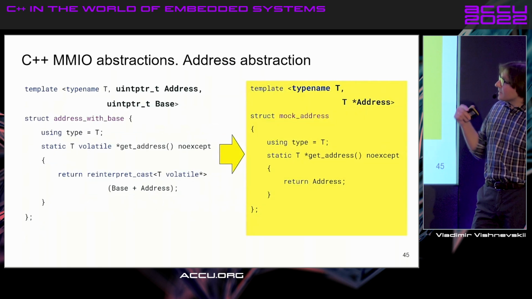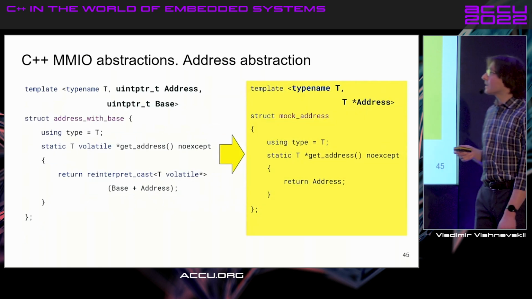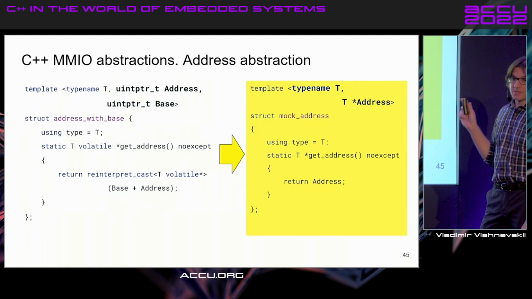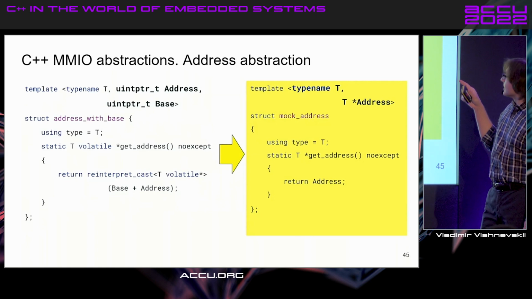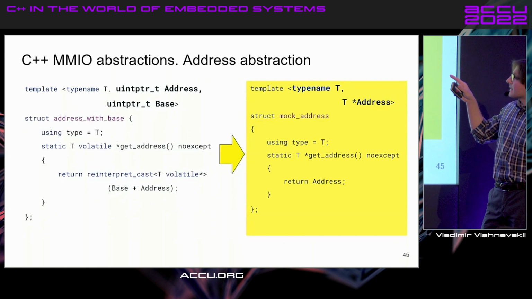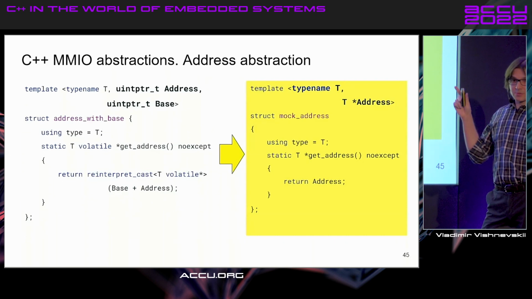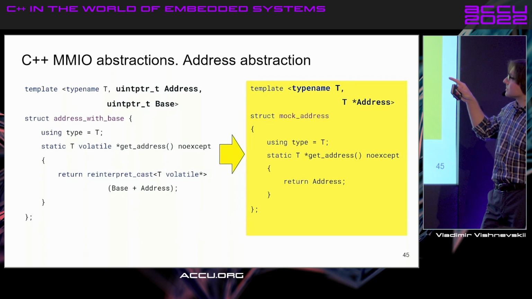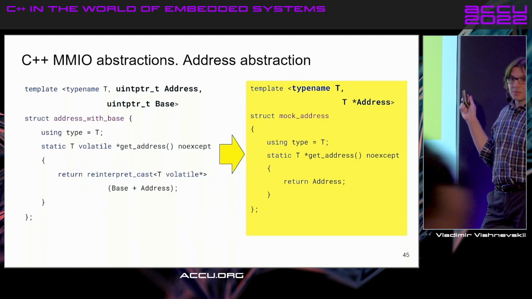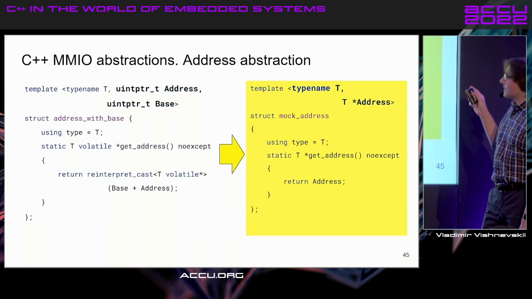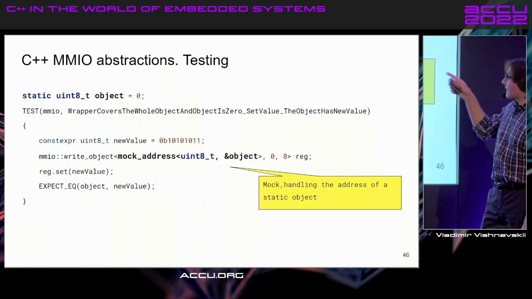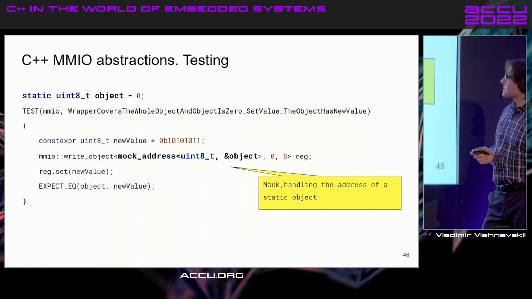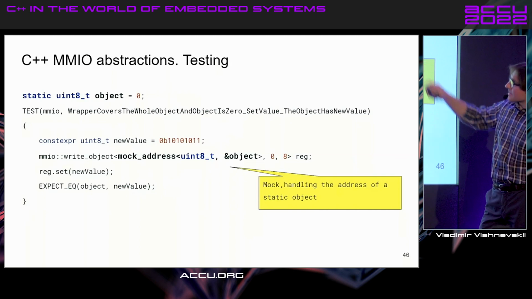The advantage of this approach is that for testing purposes, our abstraction for address access and address calculation can be substituted to provide the address of some variable with static duration. If we do this, we can use some mock address. We can have some static variable.